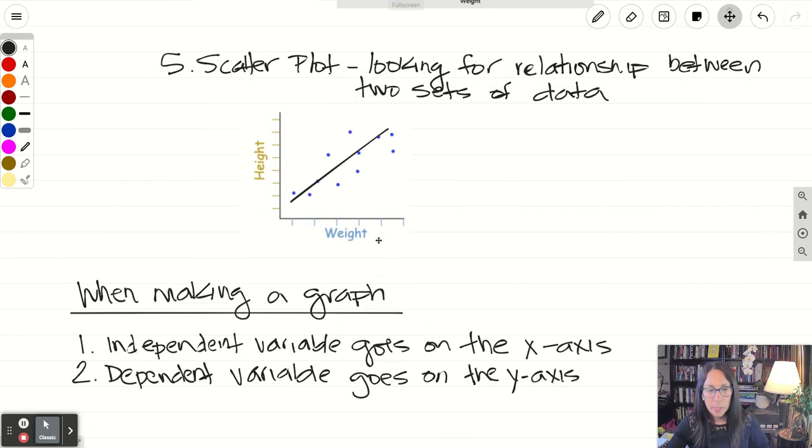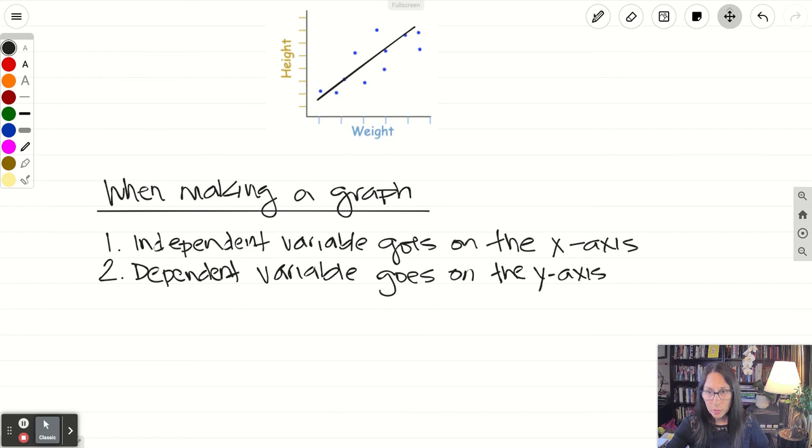Another point when making a good graph is to make sure that you put the units on your axis so that whoever's reading the graph knows what the units are. So write units on axes. For example, here, this is not that good of a graph because there are no units.